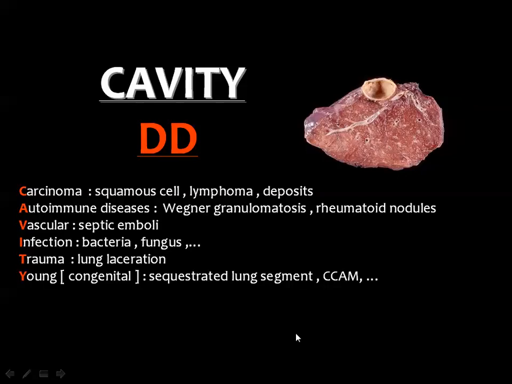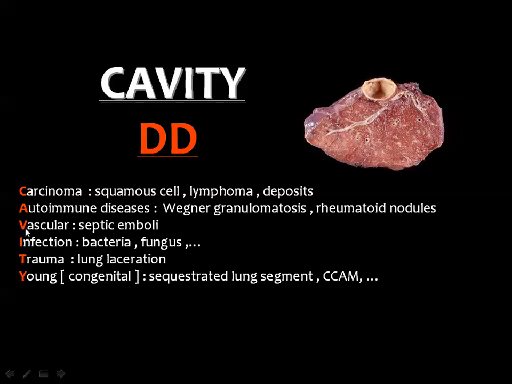And here is the differential diagnosis of a cavity or a cavitating nodule inside the lung. You can use the abbreviation CAVITY to remember the differential diagnosis. C: carcinoma, including squamous cell carcinoma, also lymphoma and metastatic deposits. A: autoimmune diseases like Wegener and rheumatoid nodules.